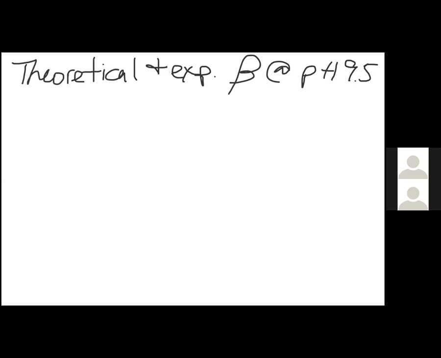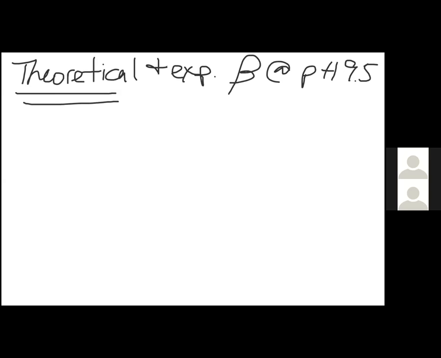Well, the theoretical buffer capacity can be calculated based off of the information that we know and also the Henderson-Hasselbalch equation. So let's first solve for the theoretical buffer capacity of this histidine buffer at pH 9.5.